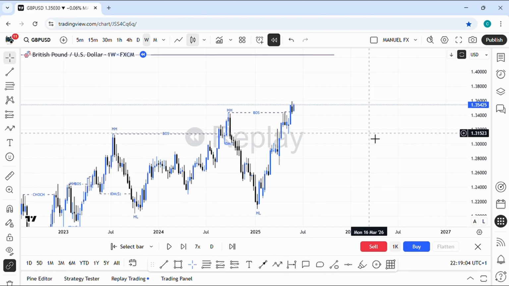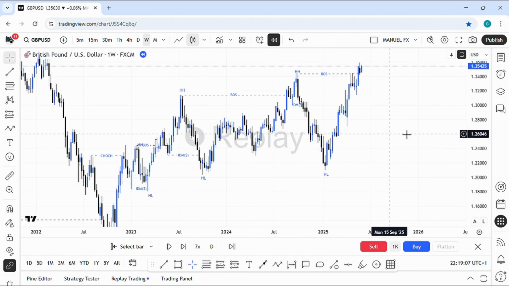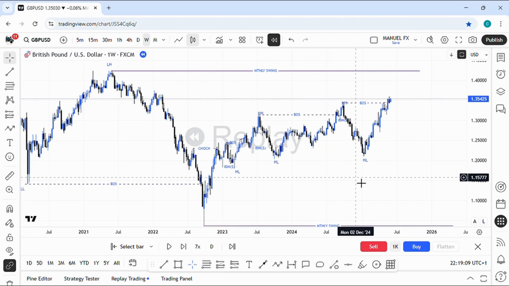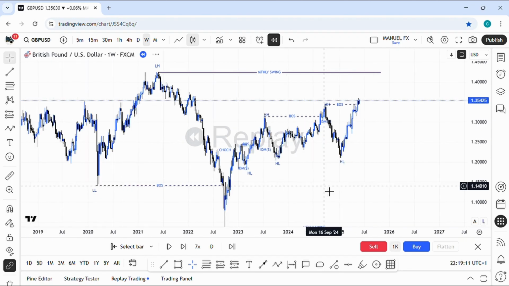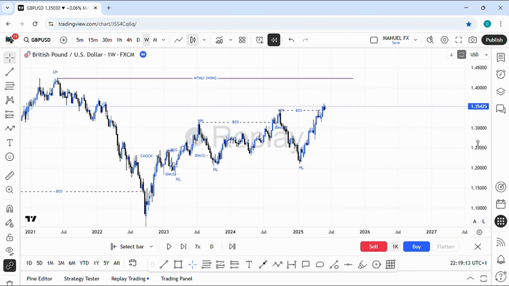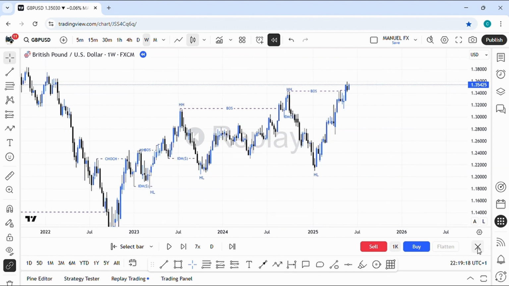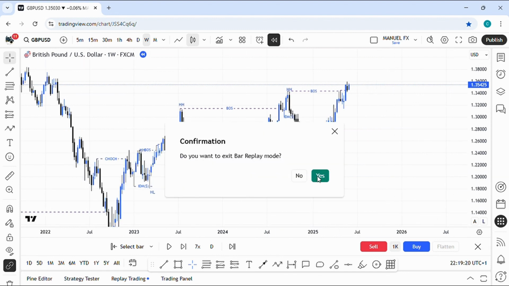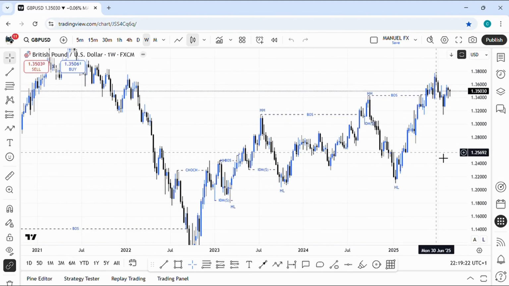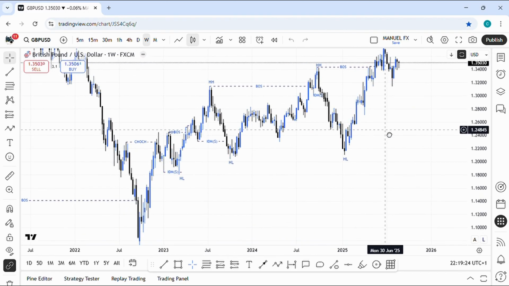Or you can continue from this and just keep doing the same thing time and time again. And once you get to the daily time frame, you move over to the 4-hour time frame.